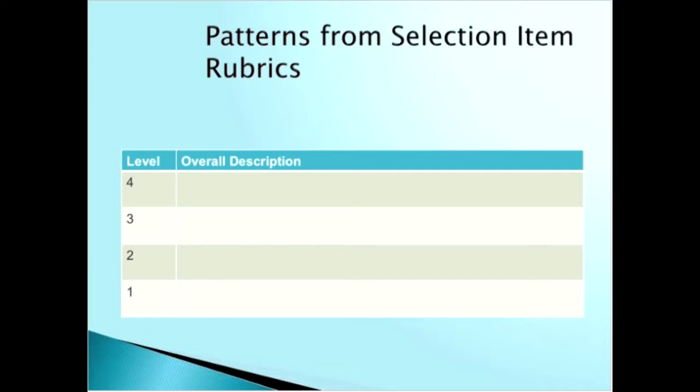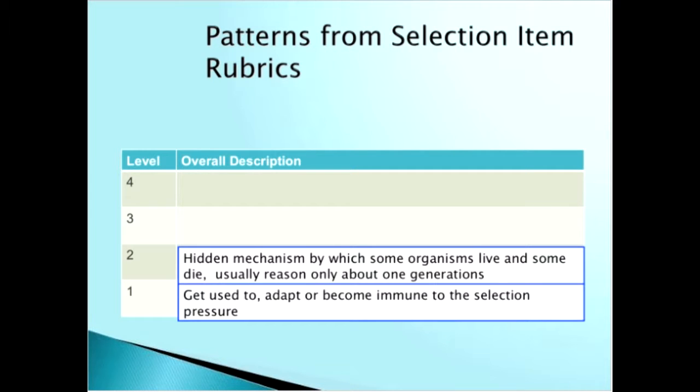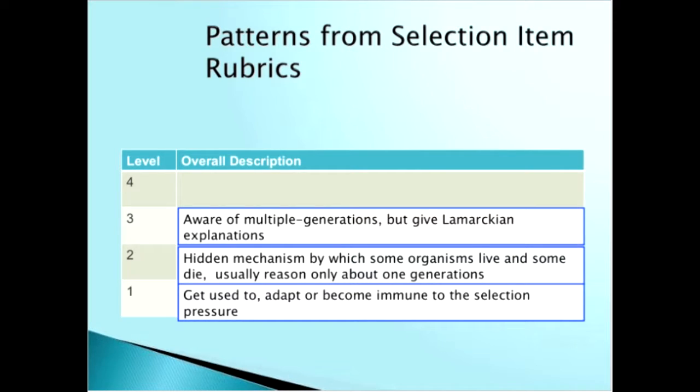So to summarize, if we were to look at the kinds of responses that we get when asking questions of this sort, the first level essentially has comments like get used to, adapt to, become immune. They may mention selective pressure, but again, the animal in this case was an actor. The second would provide a hidden mechanism, but usually just focusing on one generation.